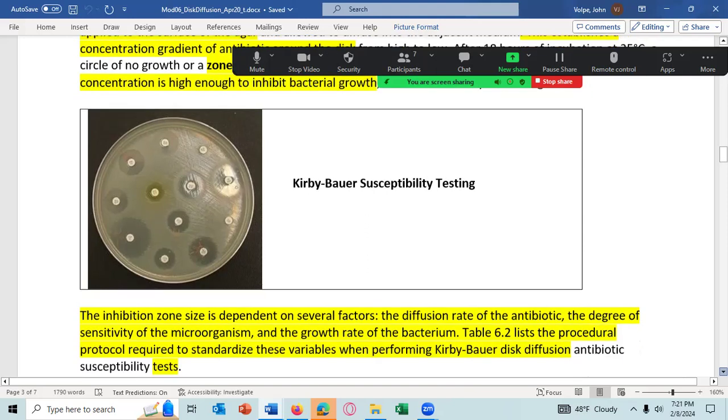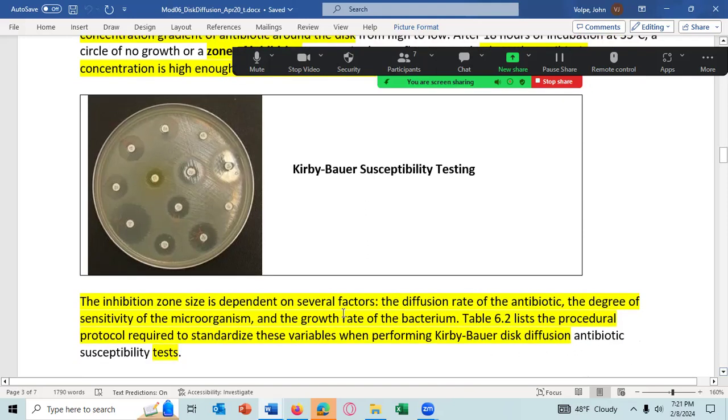An antibiotic which has a smaller molecular weight will diffuse more easily and further through the agar. So this large zone of inhibition may simply be because there's a smaller antibiotic here. And then this one, which is a small zone of inhibition, may be small only because the antibiotic is huge and has a very large molecular weight, and so it doesn't diffuse very fast or very far in the agar.